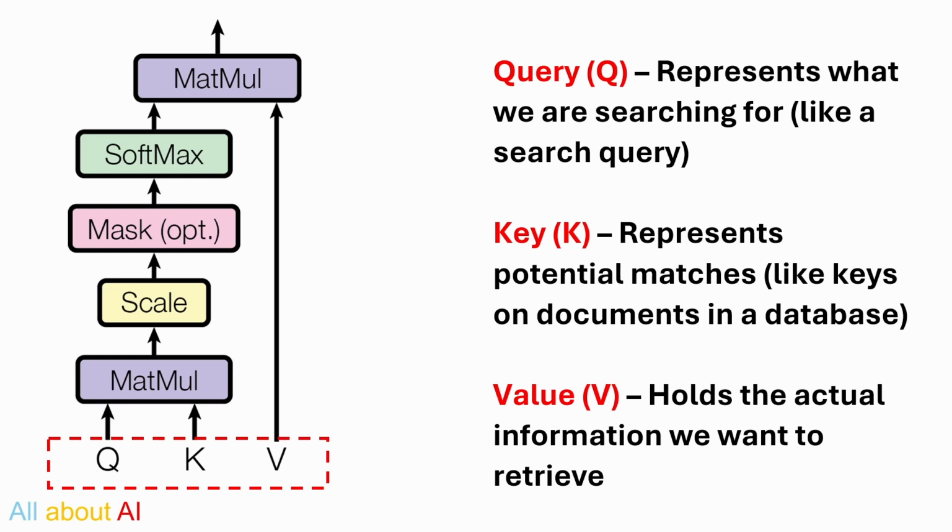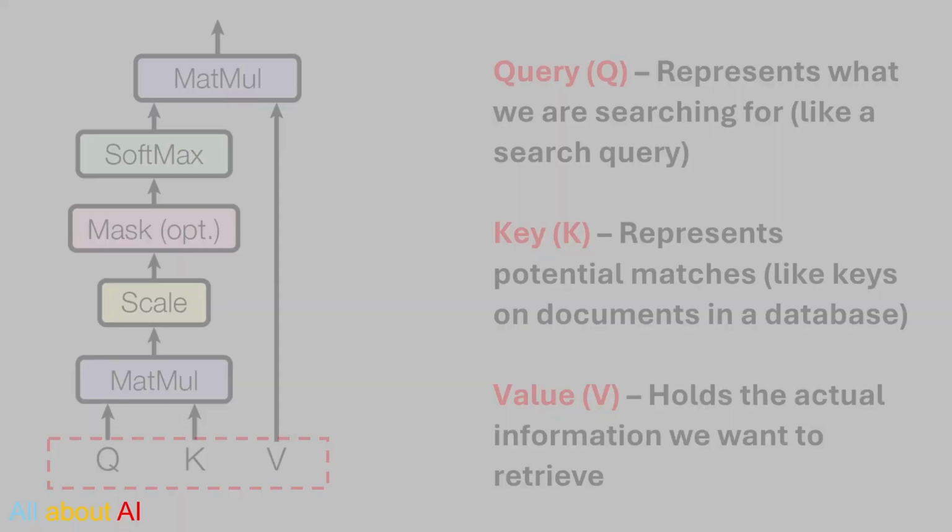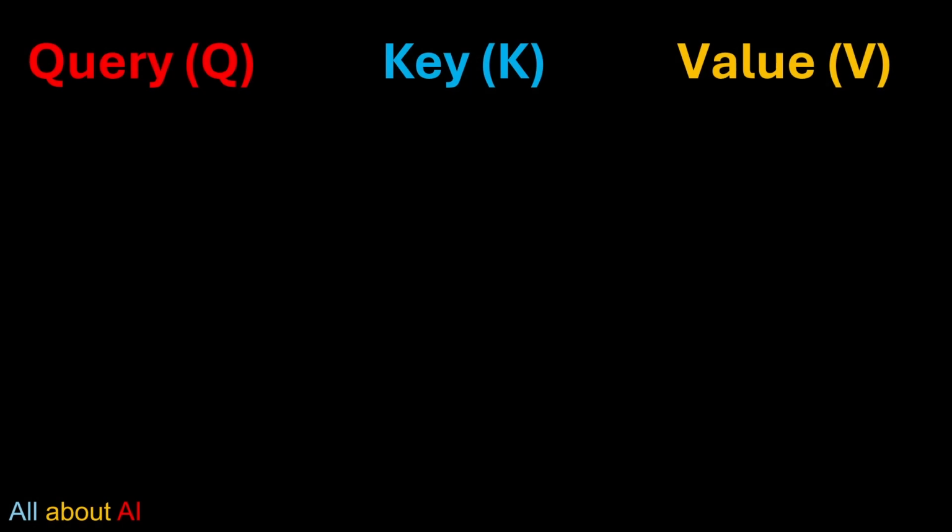K represents potential matches, like keys on documents in a database, and value holds the actual information we want to retrieve.